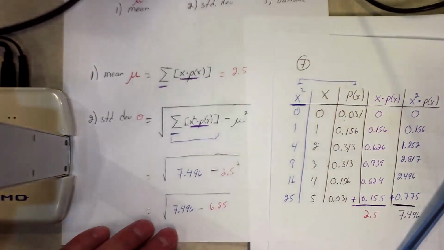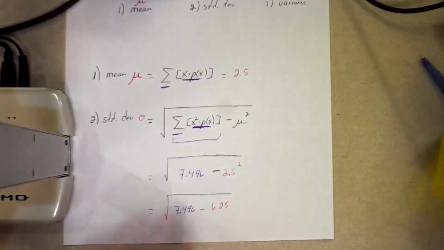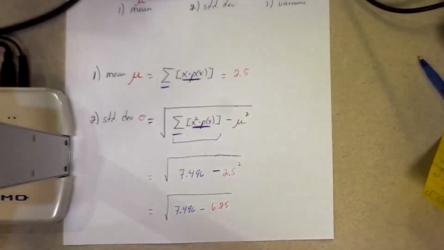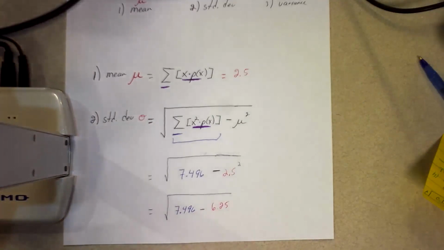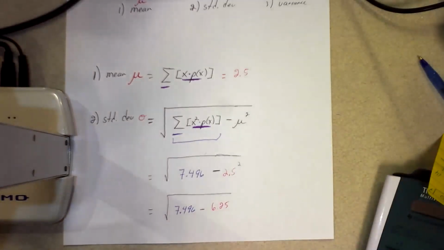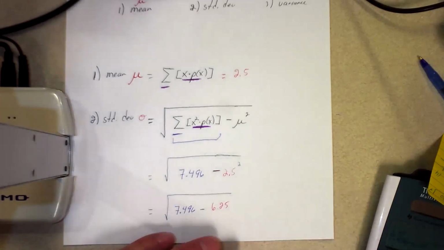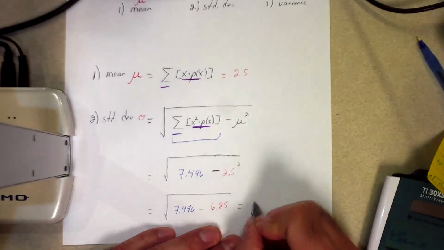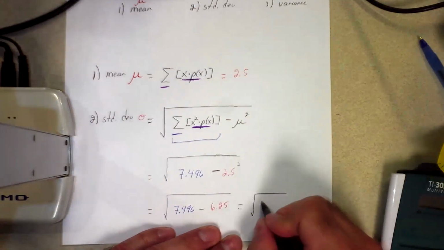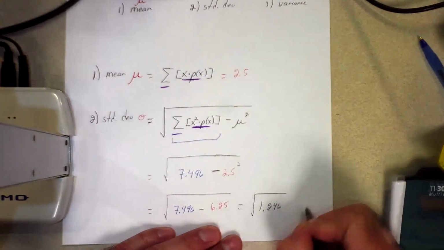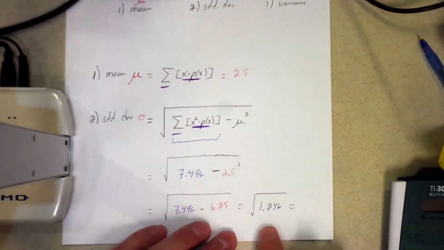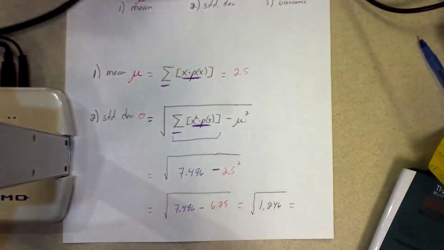Now I'm going to subtract inside. 7.496 minus 6.25, I get the square root of 1.246. Now I have to take the square root of that number.